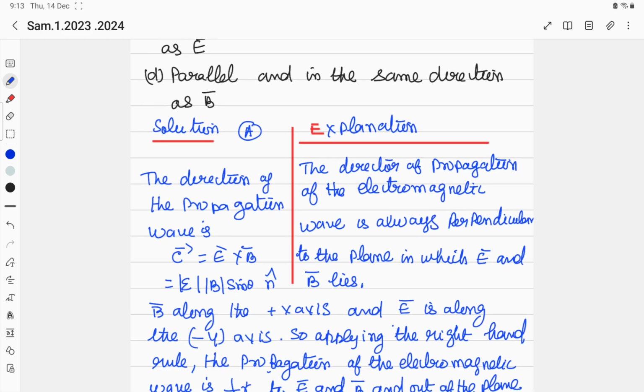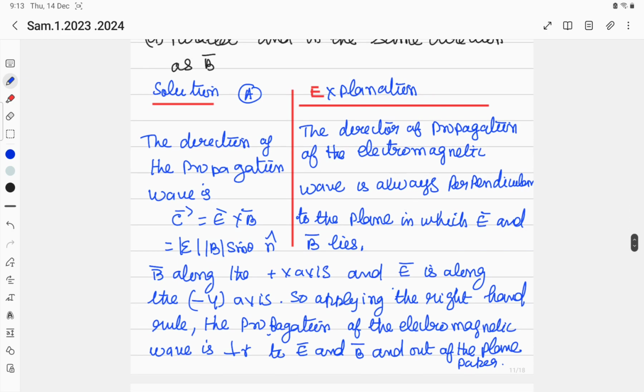The direction of propagation of the wave is given by C equals E cross B, that is modulus of E, modulus of B, sin theta, n cap.